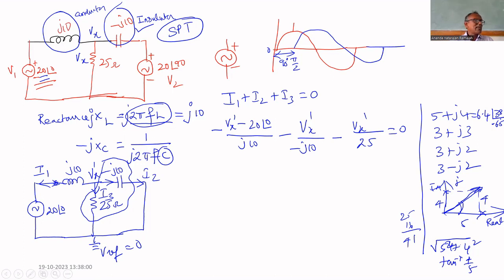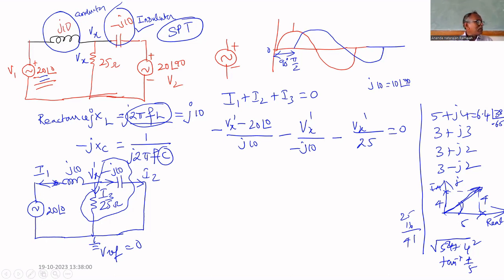20 angle 0 and 20 angle 90 are complex numbers actually. J10 can be written as 10 angle 90, and minus J10 can be represented as 10 angle minus 90.